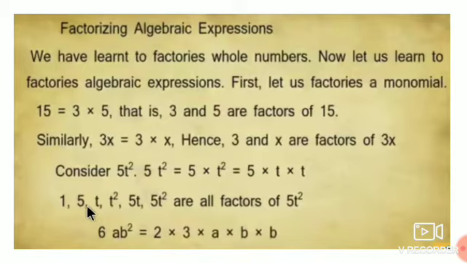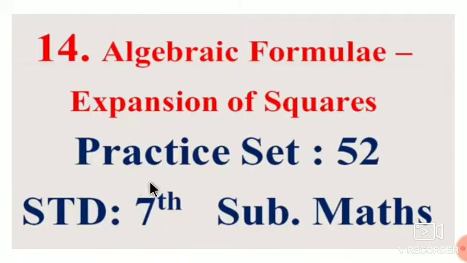So 1, 5, t, t square, 5t, 5t square are all the factors of 5t square. 6ab square is equal to, the factors of 6 we can write 2 into 3. In multiplication form you have to write multiplied by a, and b square is there, so write the b 2 times. Let's take an example from practice set 52.